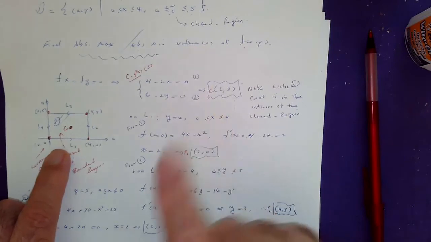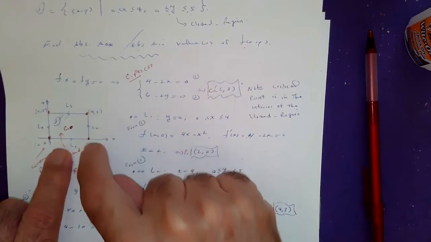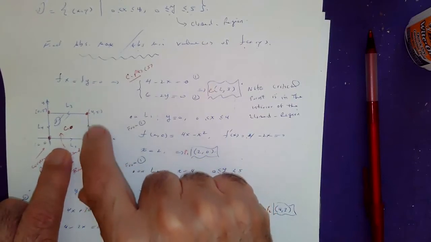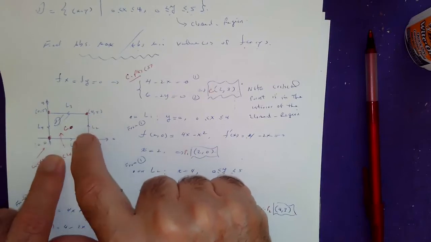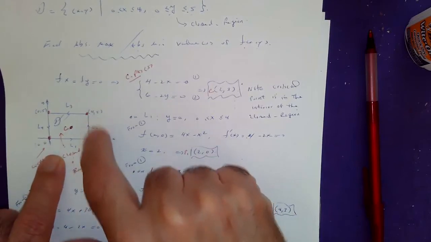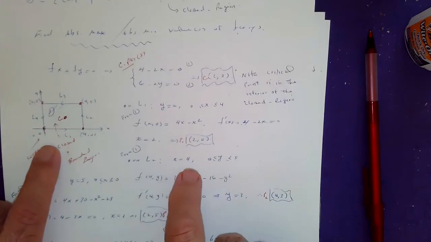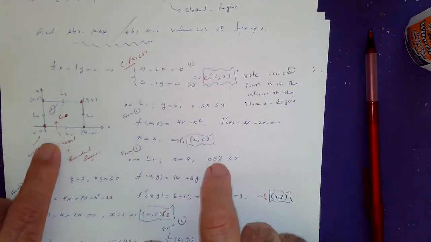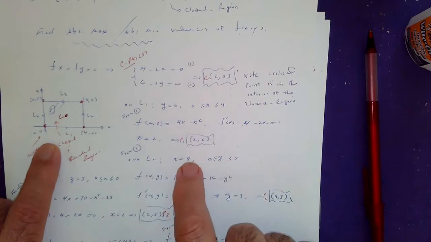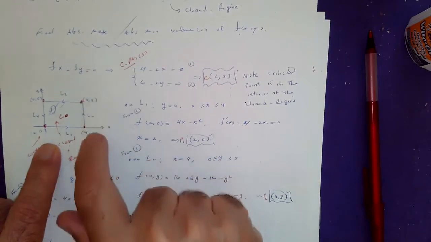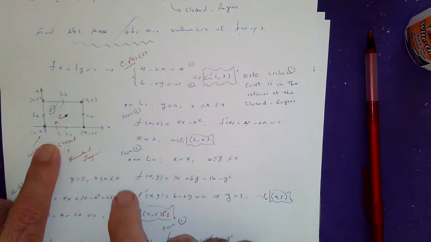Okay? Continue on. Now test drive the second boundary, which is this vertical edge of the rectangle. On L2, guess what? x is equal to 4, but y goes from 0 to 5. So x is 4 regardless of where you are on this edge or side of the rectangle.